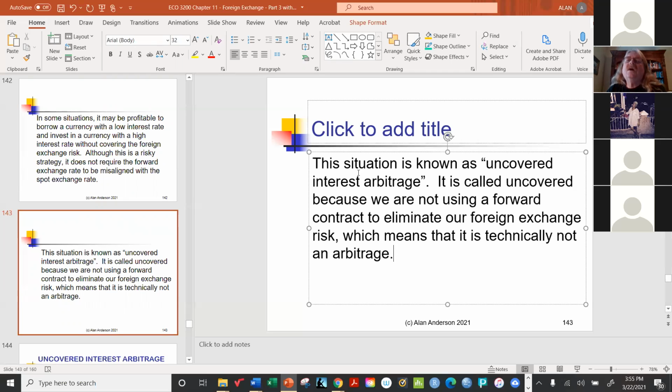What's different in 12 is that we're trying to really have a better understanding of where exchange rates come from in the first place. Not so much the arbitrage situations, but what factors are responsible for the behavior of exchange rates.